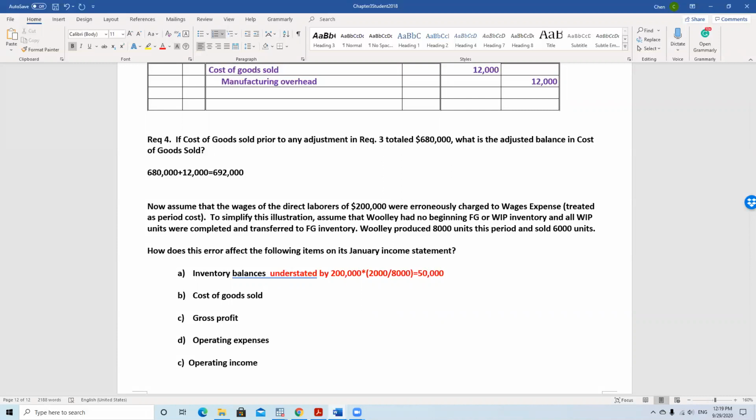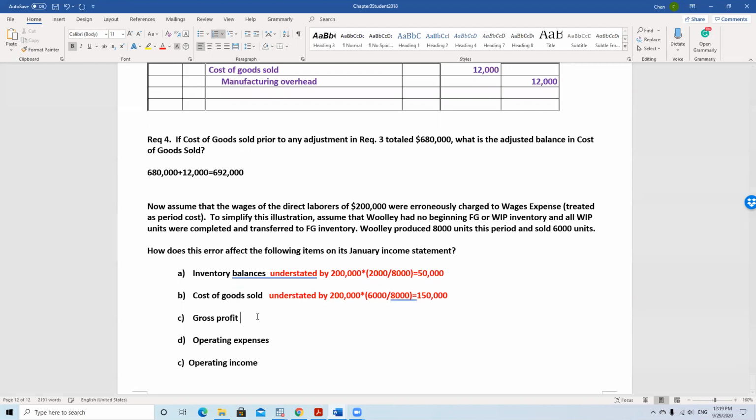And we didn't record our production cost, which was understated. So our cost of goods sold is also understated by 200,000, and we sold 6,000 units of a total of 8,000, and then that is 150,000.